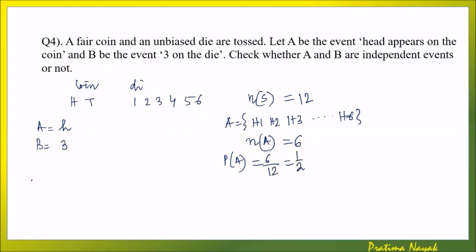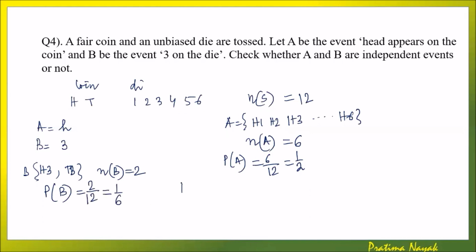Next, coming to B. B is getting 3 on the dice. 3 in the dice means it can be with H. It can be with your tail. So how many? B is only 2. So what will be nB? nB is equal to 2. So what will probability of your B? It will be 2 by 12. That will be 1 by 6.